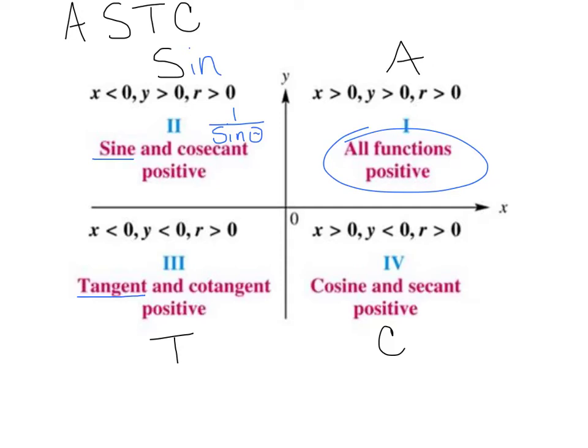Because tangent is positive, cotangent must be positive. All other trig functions are going to be negative. And then in quadrant 4, that C for calculus represents cosine, and its reciprocal secant, and secant is 1 over the cosine. So in quadrant 4, cosine is positive, secant is positive, the other 4 are going to be negative.